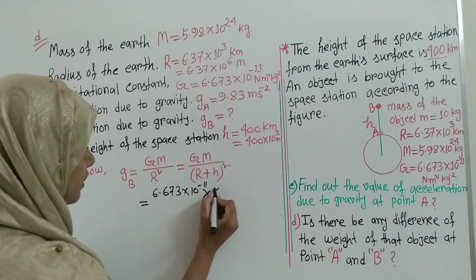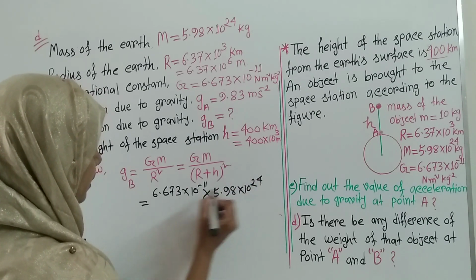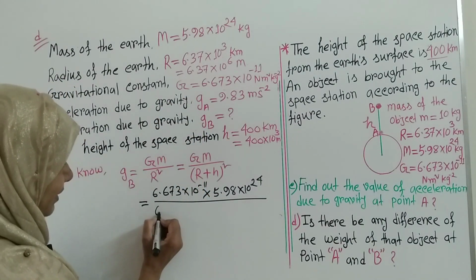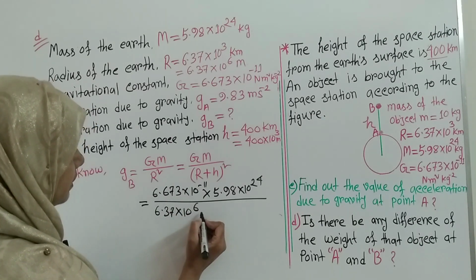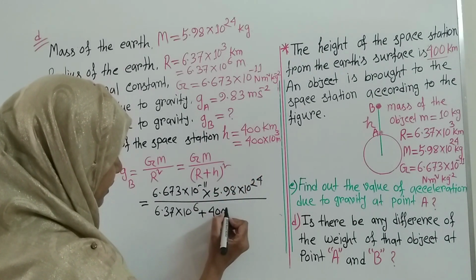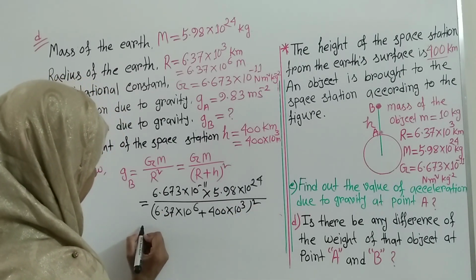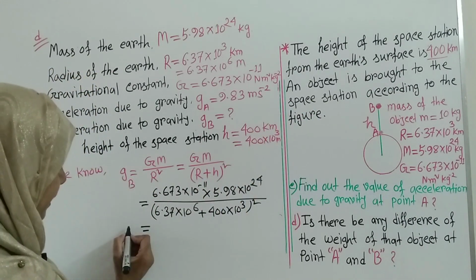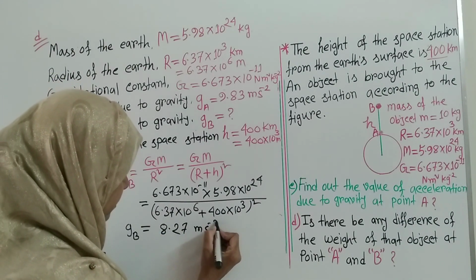The value of M is 5.98 into 10 to the power 24, divided by the value of R, that is the radius of the Earth, 6.37 into 10 to the power 6 meter, plus the value of height 400 into 10 to the power 3 meter, that is whole square. And you will get the value of acceleration due to gravity at point B is 8.27 meter per second square.